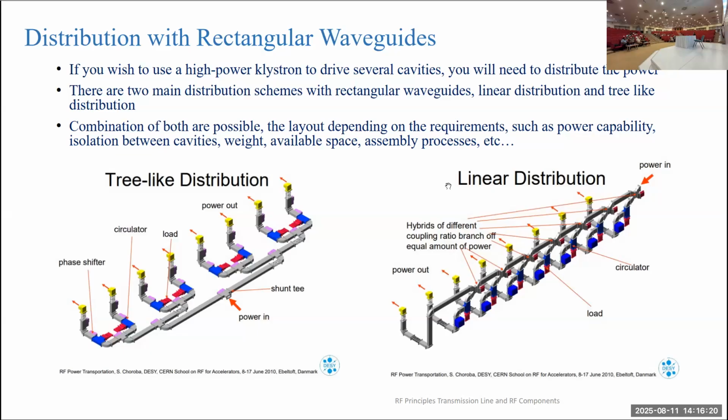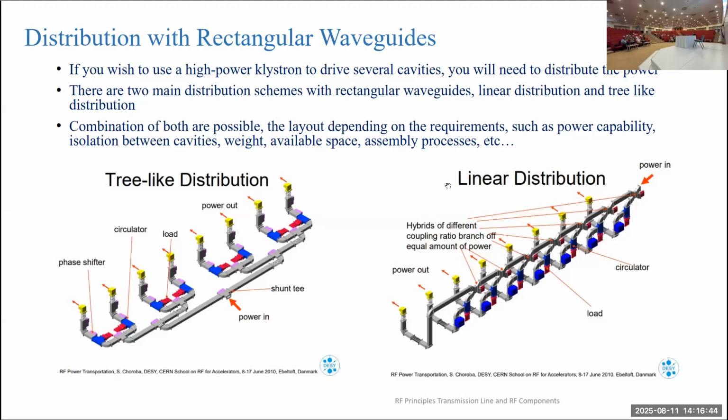This circulator mitigates any unwanted reflection of RF from the accelerating structure back to the RF source or to the other accelerating structures. We shall discuss this circulator, how it works, in the next slides.